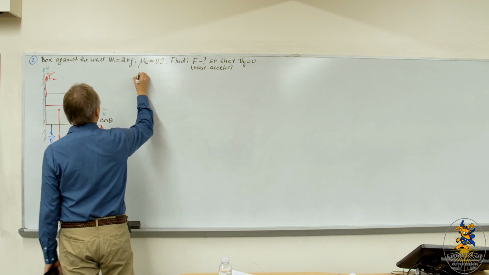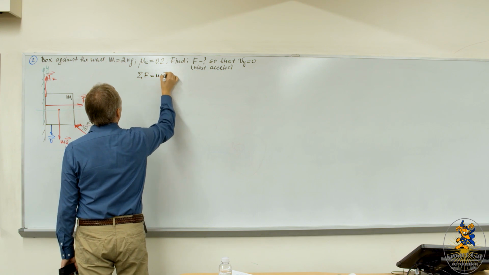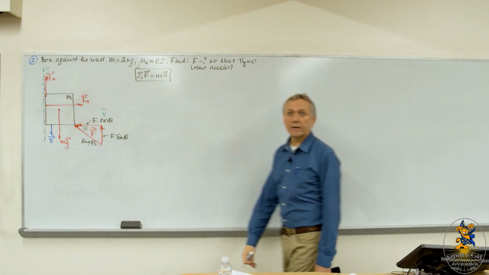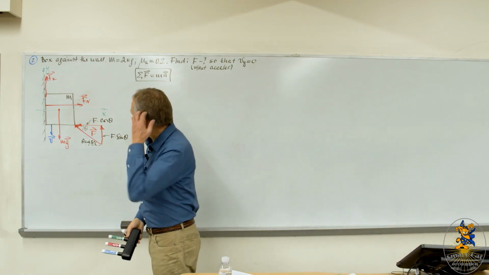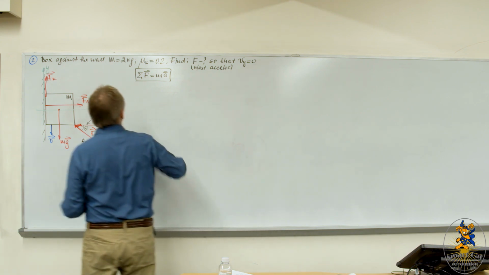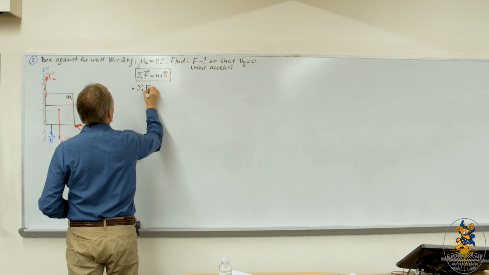Okay, so Newton's second law. First, I will write it in vector form, and now we just need to apply it in both of these directions. Probably again I will start with the y direction.